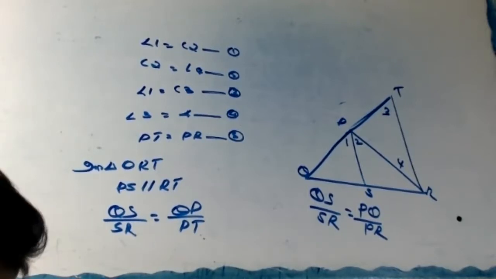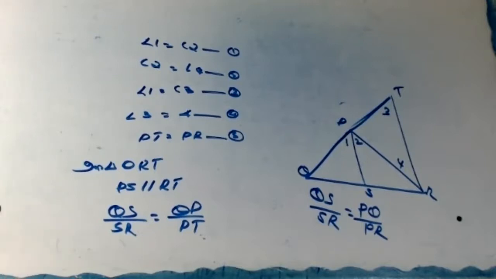Then by basic proportionality theorem, QS by SR equal to QP by PT, but PT equal to PR, proved.